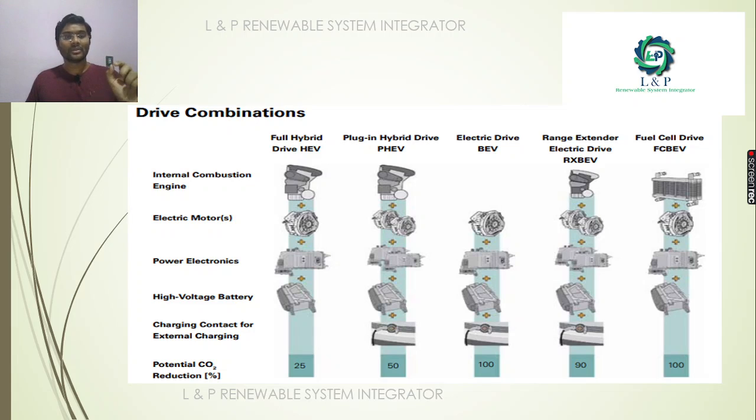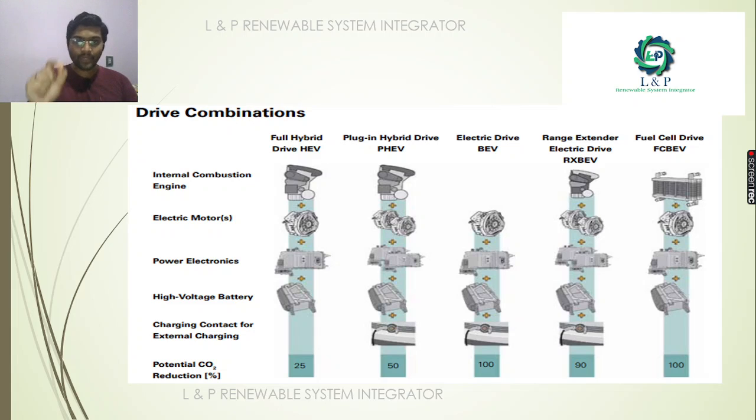Based on these 5 components we produce a variety of drive combinations. First is the internal combustion engine, second is the electric motor, third is the power electronics, fourth is the high voltage battery, and fifth is the charging contact for external charging.